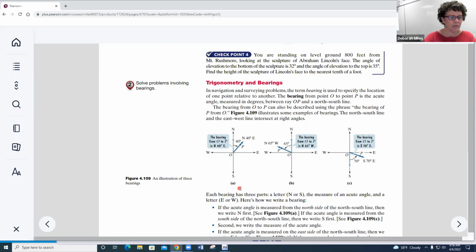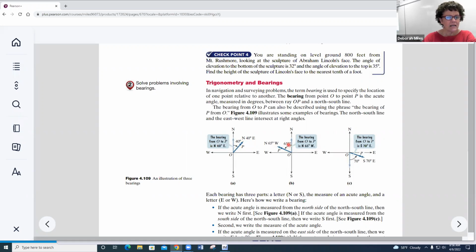This first bearing in the A part is 40 degrees north. I'm sorry, 40 degrees east. East is to the right, west is to the left, just like on a map. So this is 40 degrees east of north, and we write that north 40 degrees east.